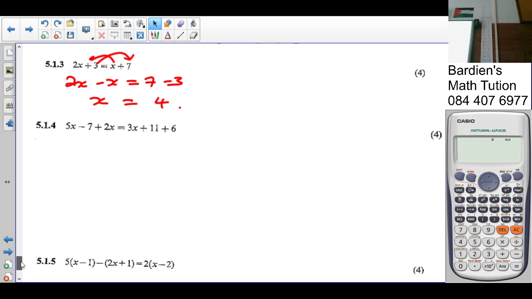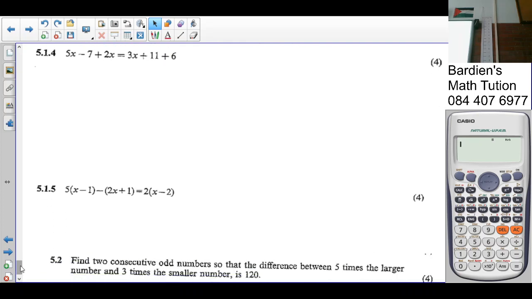X is on the right hand side. Now x plus 7 is 4 plus 7, and 4 plus 7 is 11. So both sides are 11, so the equation balances. Okay, you guys got it? X equal to 4, yes.